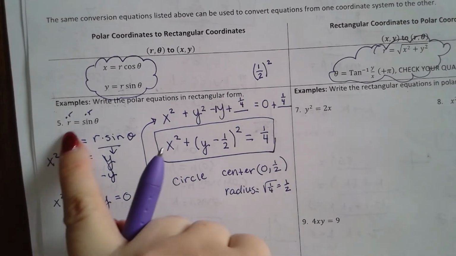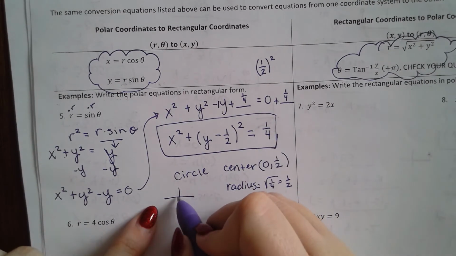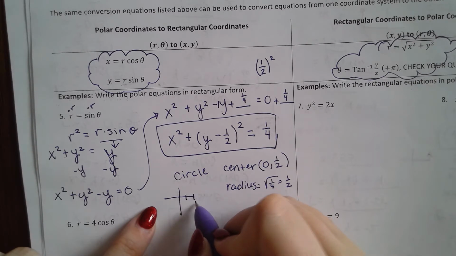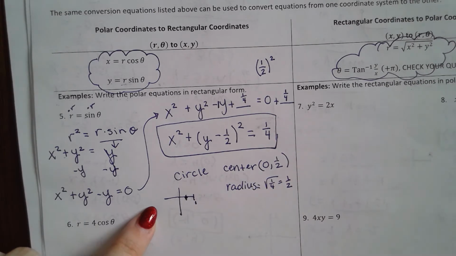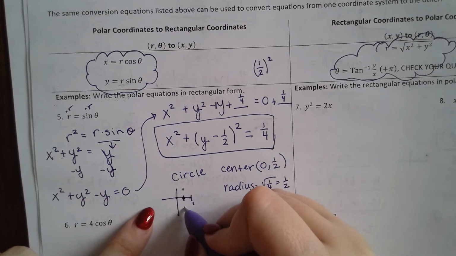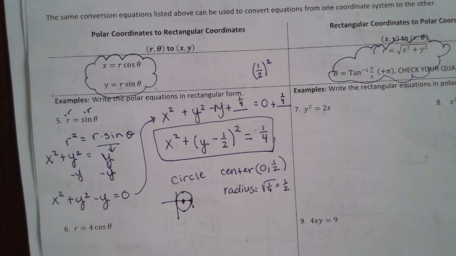So if I asked you to graph this, essentially what we would do is go over to 0, 1/2. If that's a half, this is 1, let's say. And then it has a radius of 1/2, so it goes 1/2 in each direction, and we would have a circle. Okay, geometry.